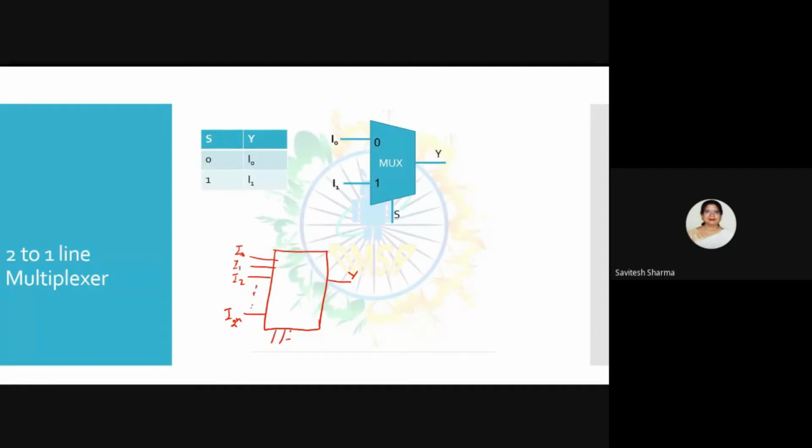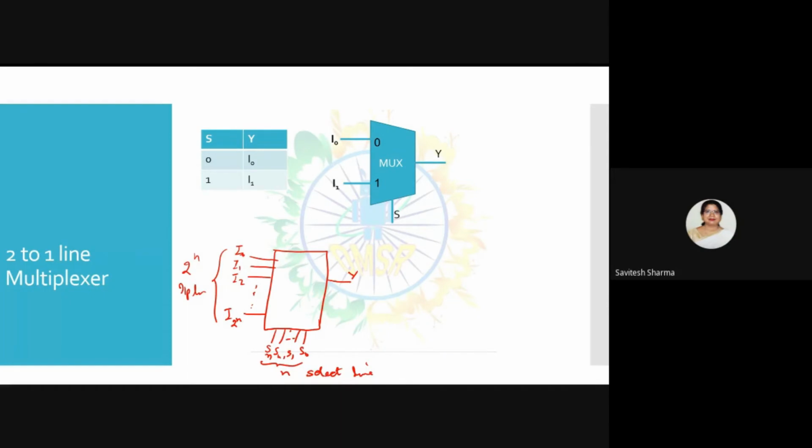How many select lines do I need? It depends upon the number of inputs. The number of inputs is 2 to the power n, so I need n select lines: S0, S1, S2, S3 up to S(n-1). So these are my n select lines, and these are my 2 to the power n input lines.